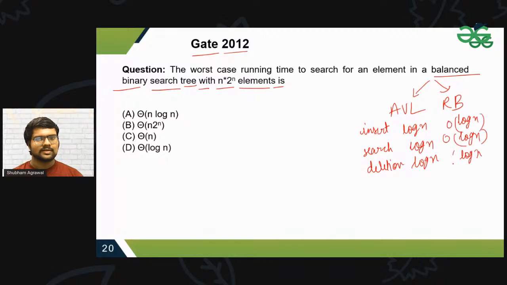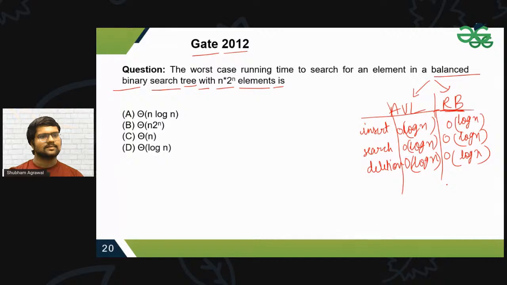Both red black and AVL tree have log n time in the worst case, and just the number of rotations after insertions and deletions are fewer in red black compared to AVL tree. So this is the main difference.